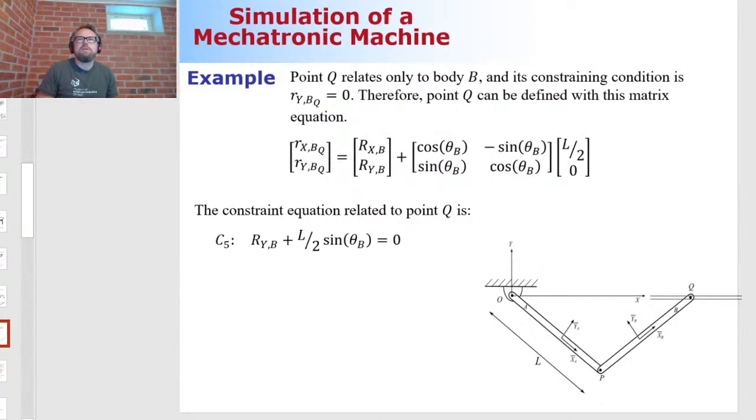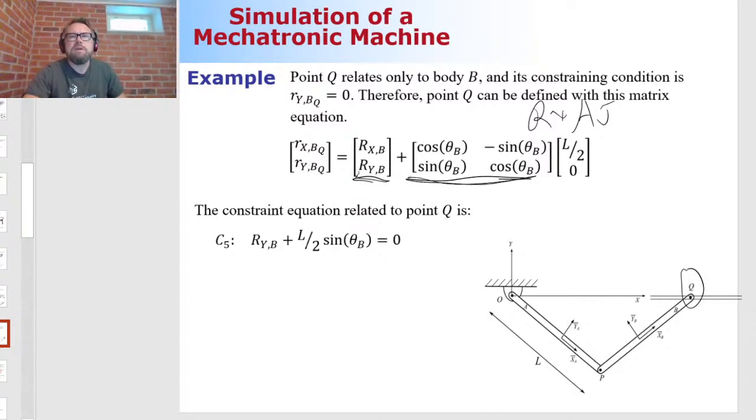Final one, the primitive joint at this point Q. What am I going to do for that? It is no surprise that I'm going to use this equation again. I move to the origin of the body reference coordinate system, take the orientation into account, and use the vector u bar to travel to this point.